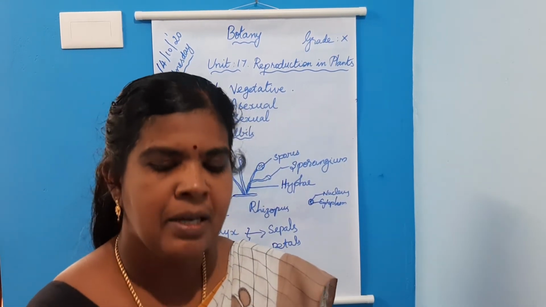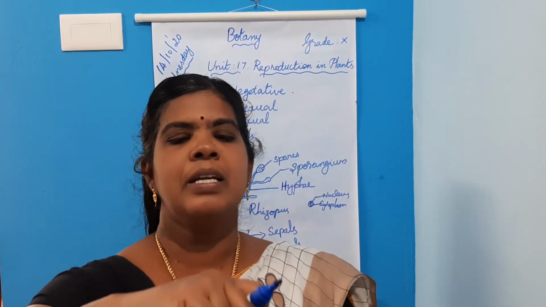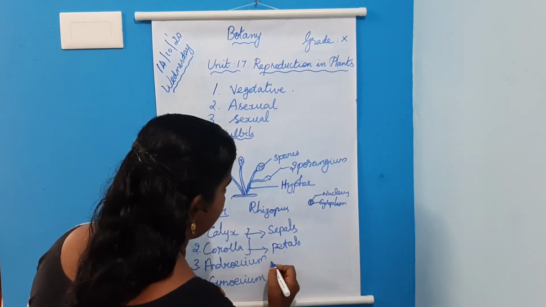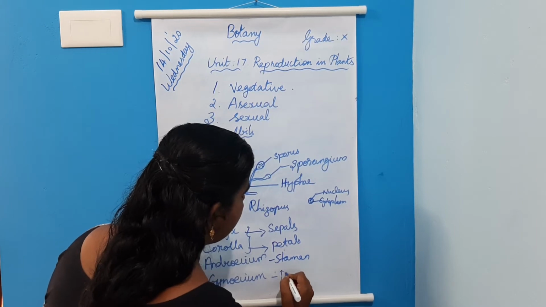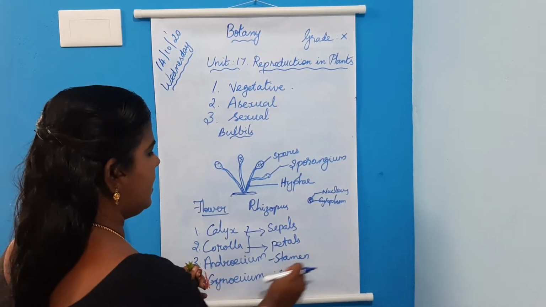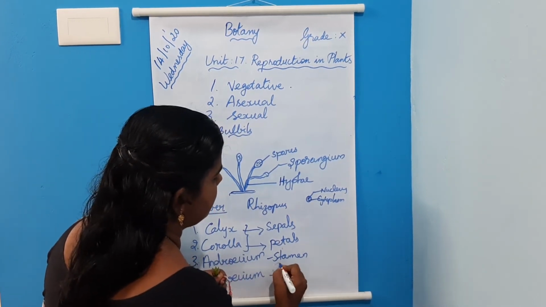The androecium is made up of stamens. The gynoecium is made up of pistils or carpels.